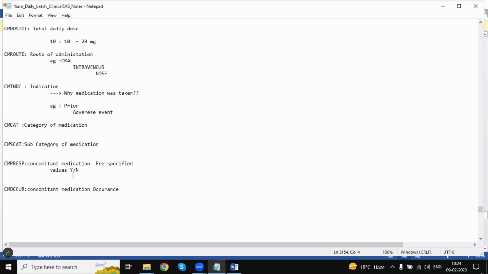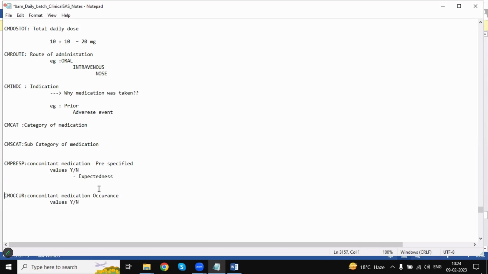That's called expected before or not, expectedness. And occurred, or occurrence: occurred or not. Here also we get yes or no. We saw these two variables already.